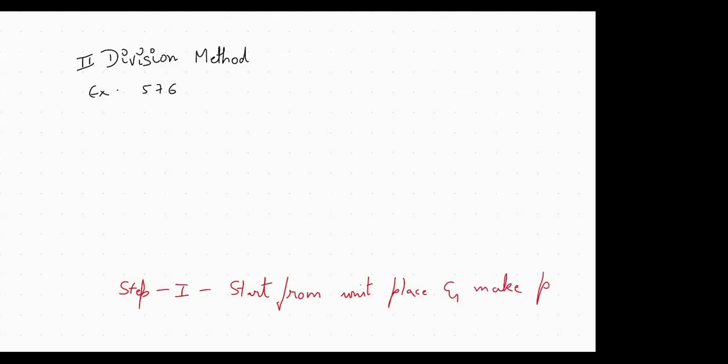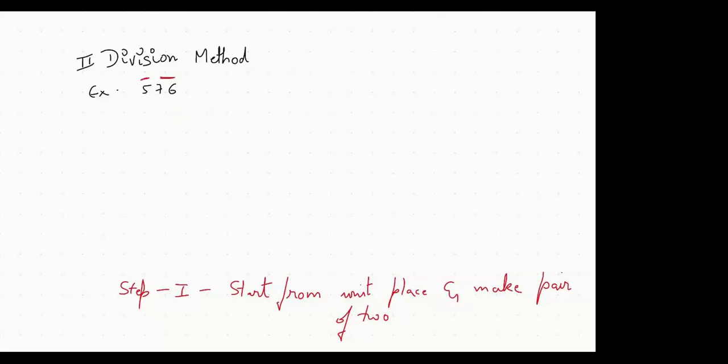So 7 and 6 are the unit places from this side. I will make a pair of 7 and 6 like this. And 5, because I don't have a whole pair, will be single. 7 and 6 will be one pair and 5 will be single. This is the first thing that I need to do.